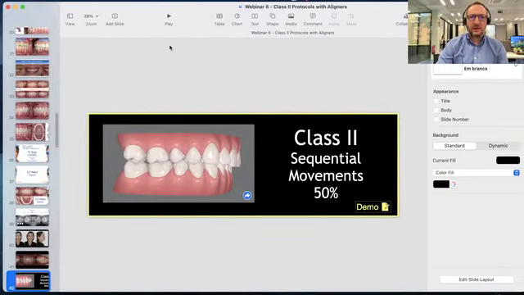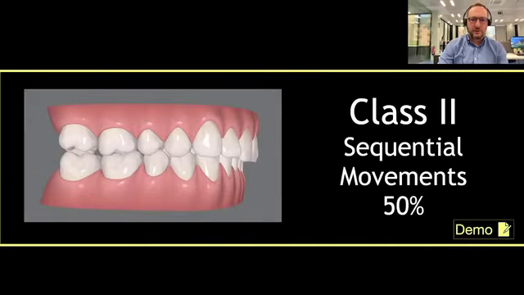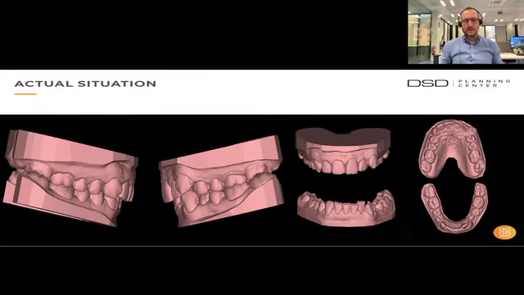The second one is that the elastic, probably the patient didn't use it very well. Then we have a more complex class 2 in my opinion, because here we can see that we have both class 2, a lot of crowding, and also a crossbite.